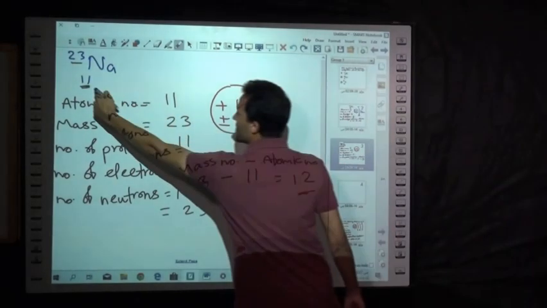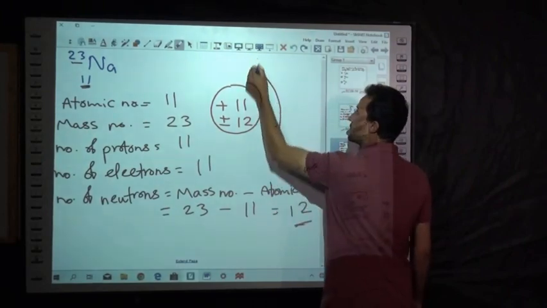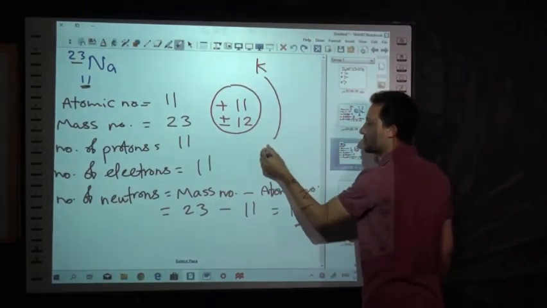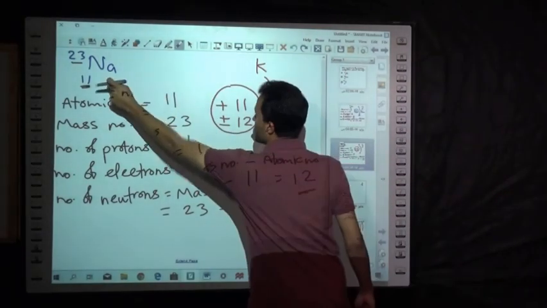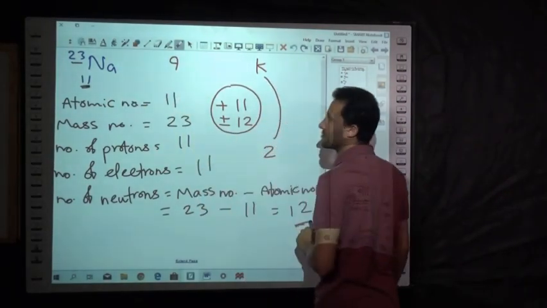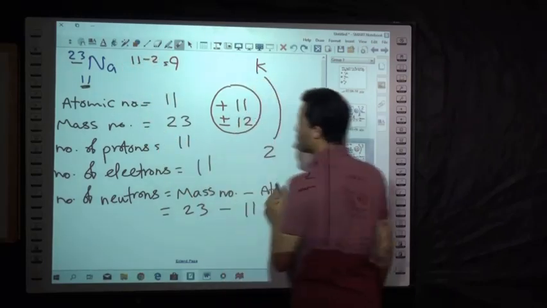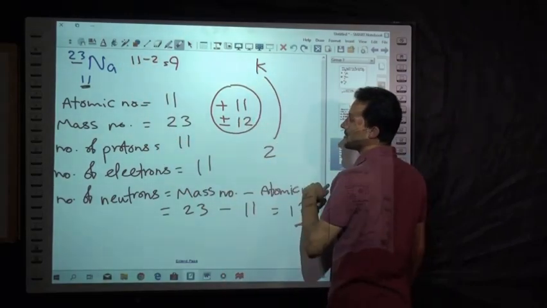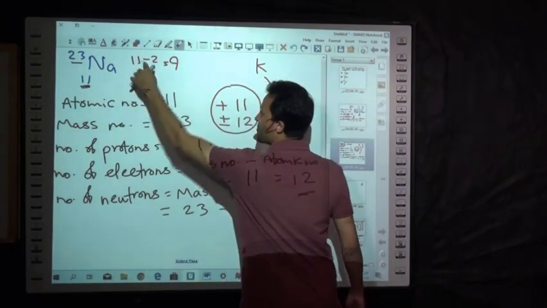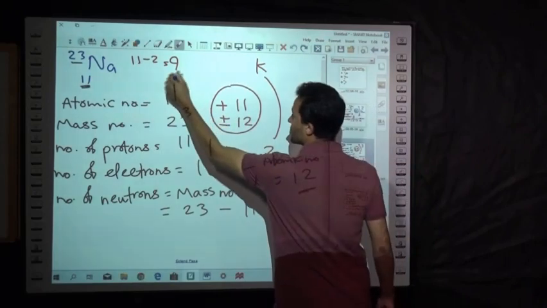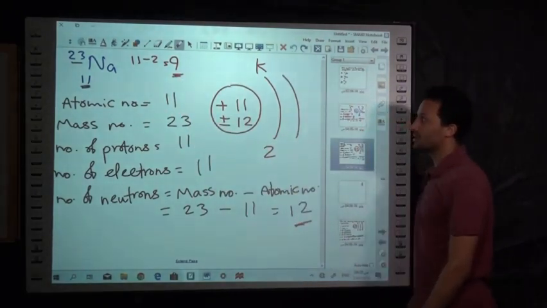We have 11 electrons. First of all, draw the K level, and we said that K is saturated by 2 electrons. We put 2 electrons in the K level, so 11, the total number of electrons, minus 2 in K equals 9. We have 9 electrons.